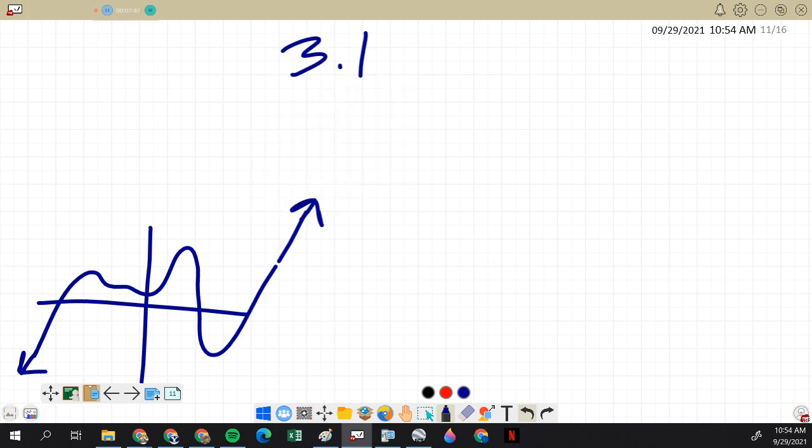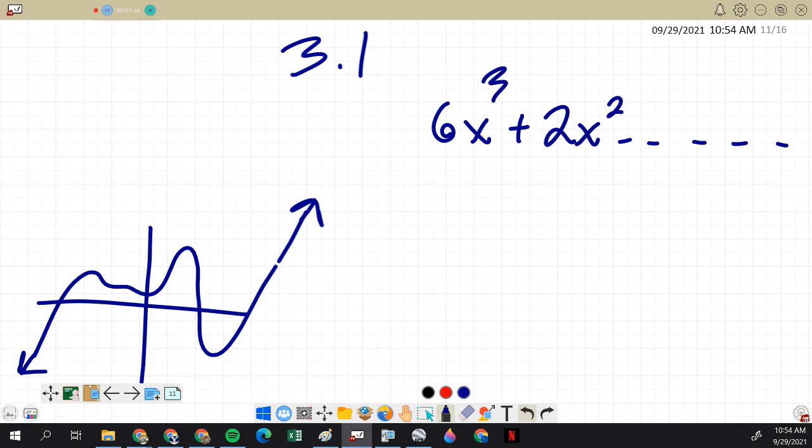So I build like 6x to the third plus 2x squared, something. Anyway, I build this x to the third equation, and when I graph it, it looks like this. Not bad, right? Certainly not perfect, but not super bad. And if I'm flying a spaceship around the Earth, that might be good enough.